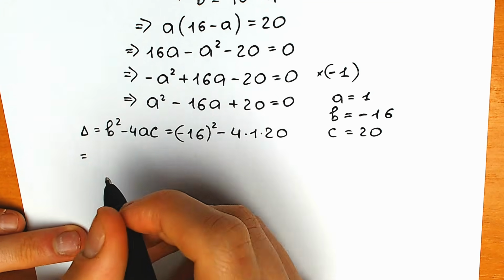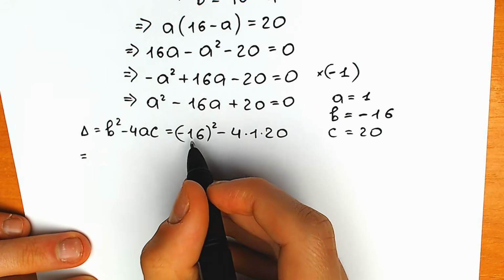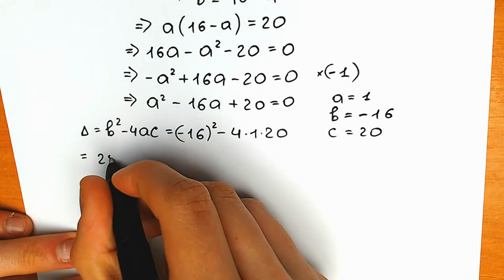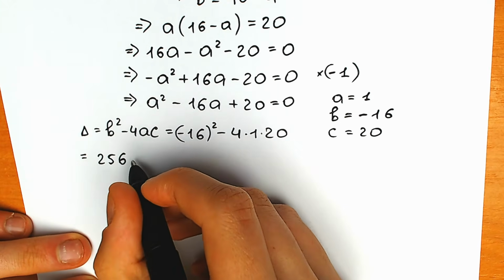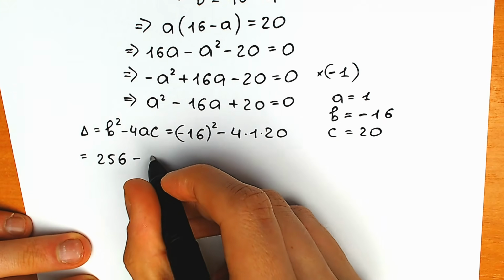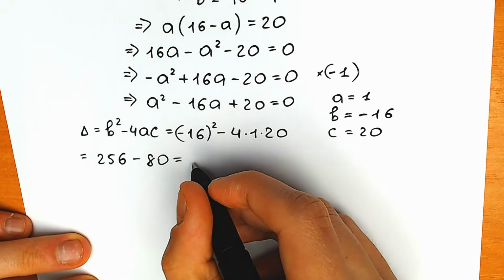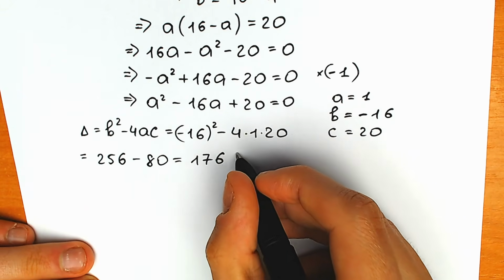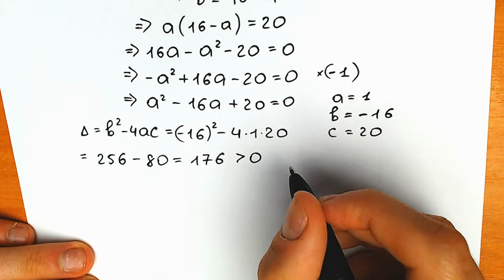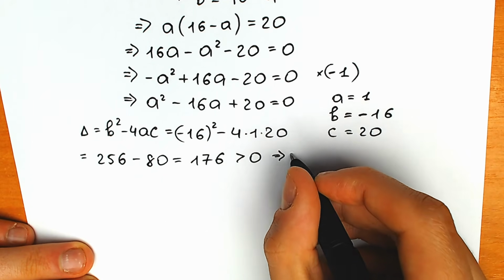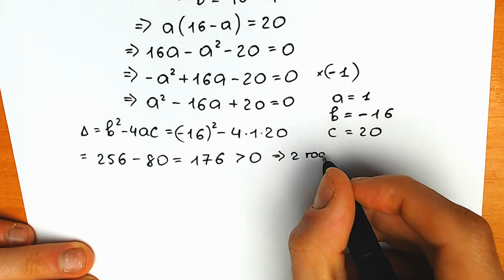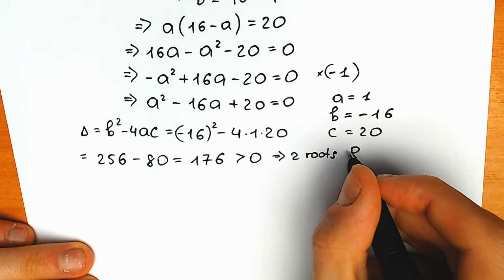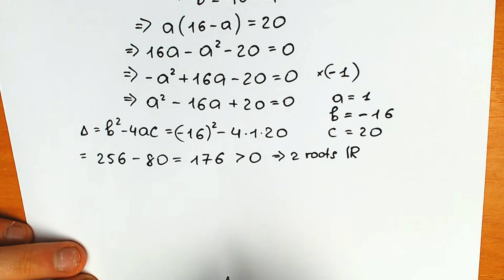Minus 16 squared equals 256. This is our table case. Minus 4 times 20 equals minus 80. So it equals 176. So the good news is that our discriminant is greater than 0. It's also really good. So right here we have two real number roots.